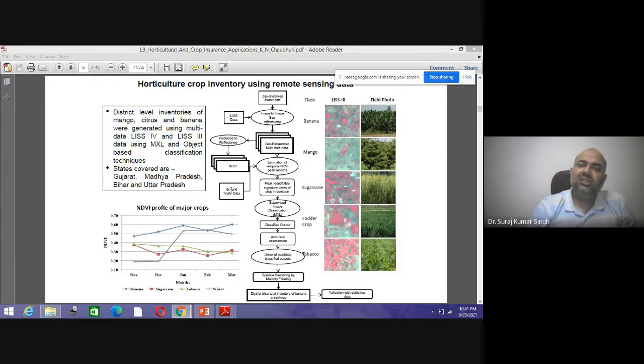Hard classification means we classify on the basis of tone, and the common techniques are unsupervised and supervised classification. In unsupervised, generally the computer classifies the image objects on the basis of clusters, whereas in supervised classification, we provide training set signatures to the images, and on the basis of those signatures and training sets, the entire satellite image is classified using hard classification.